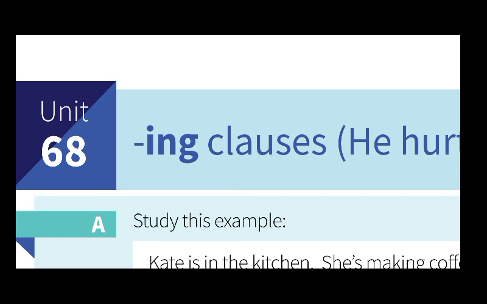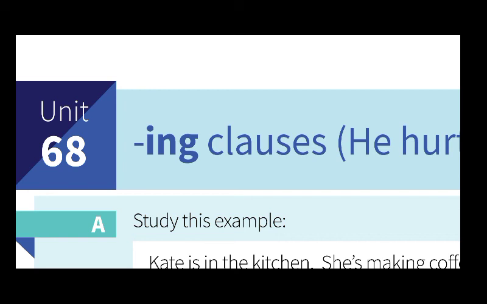You have to read the rules, read the examples, try to understand the rule, and then you can go to the exercises. Do the exercises carefully, slowly, and if you have any questions, if you have any doubts, please let me know. Ask me.